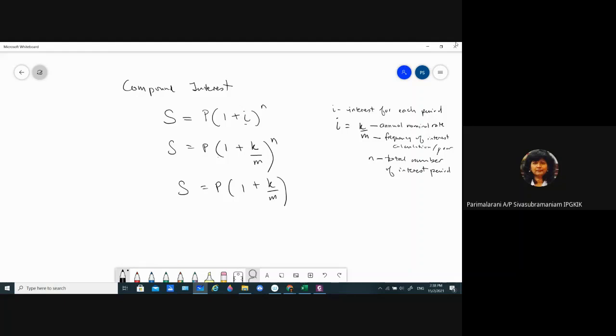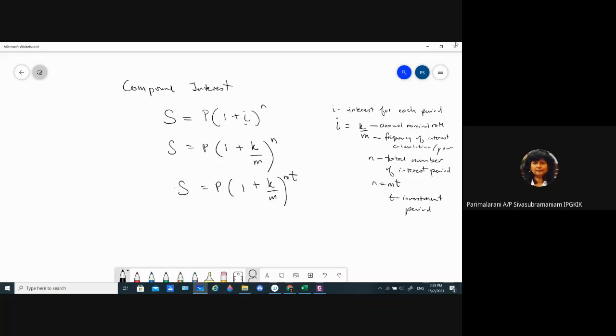You multiply that, you get N. So N is also equal to MT. M is the frequency and T is the investment period. So which formula you use depends on what is given in the question.